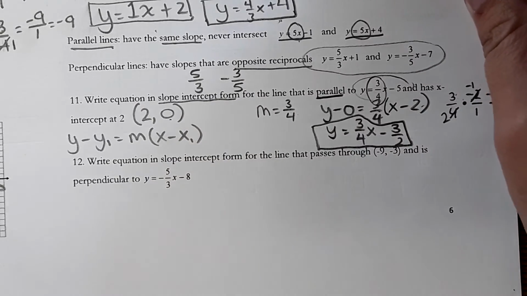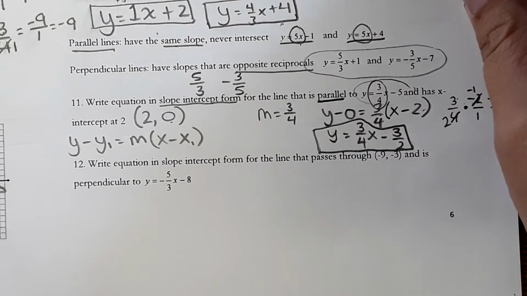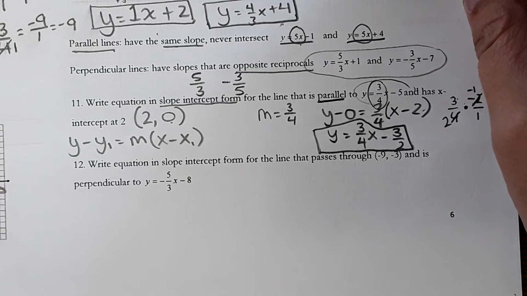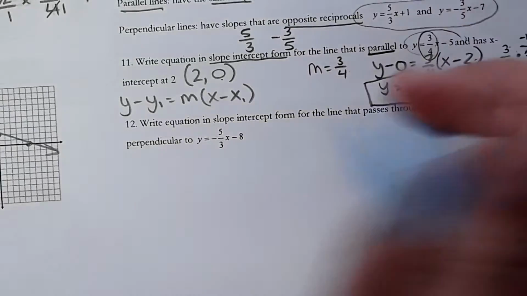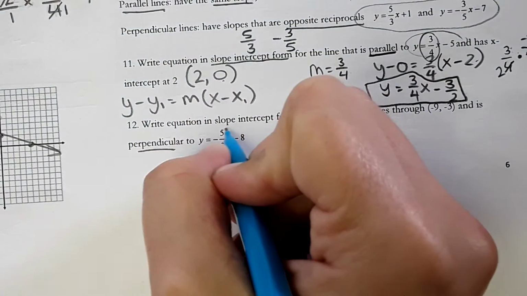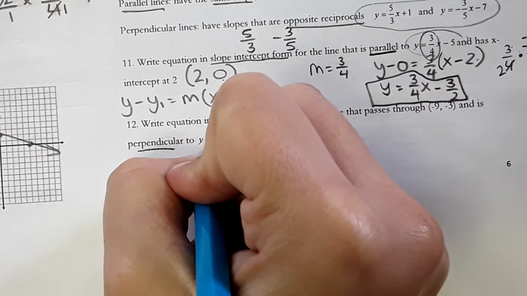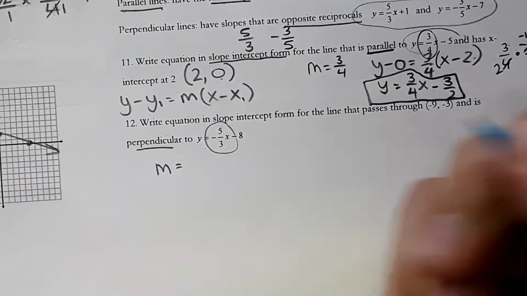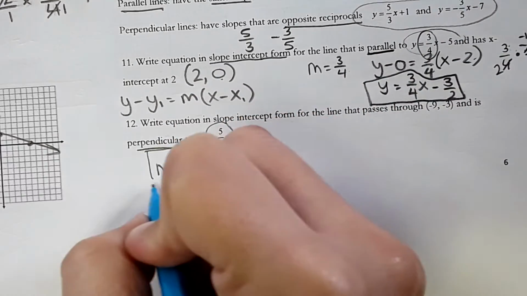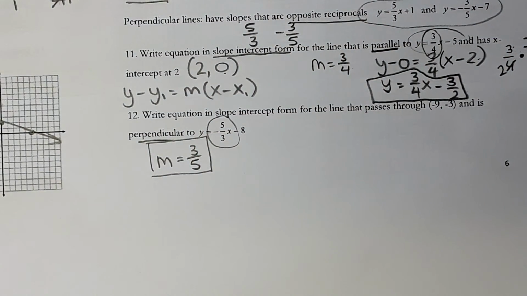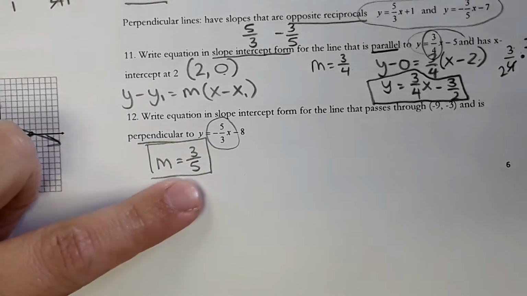Next one, write an equation in slope-intercept form for the line that passes through (-9, -3) and is perpendicular to this. Perpendicular, the slope is a negative reciprocal, or opposite reciprocal, so it would be positive 3/5.